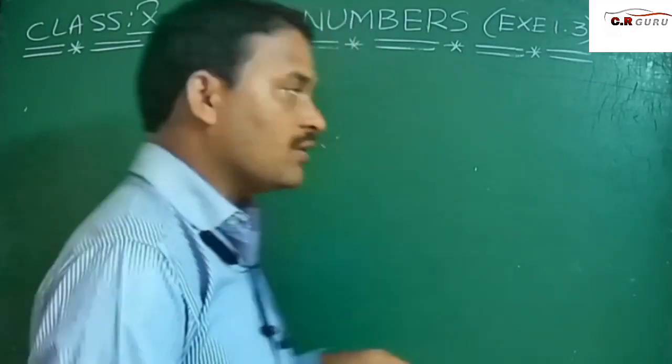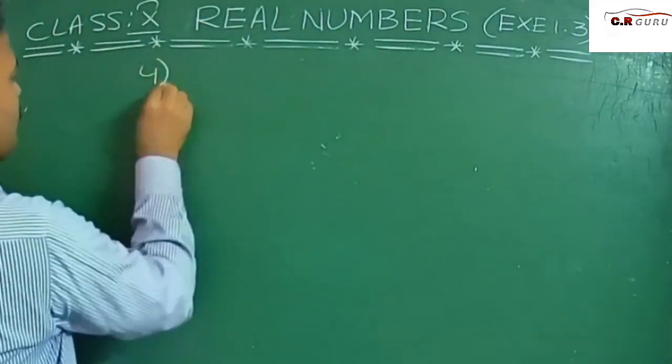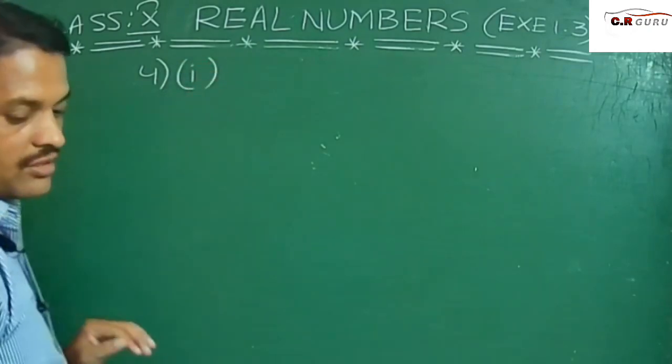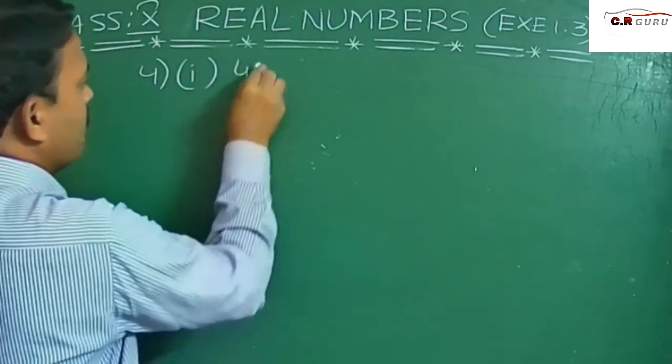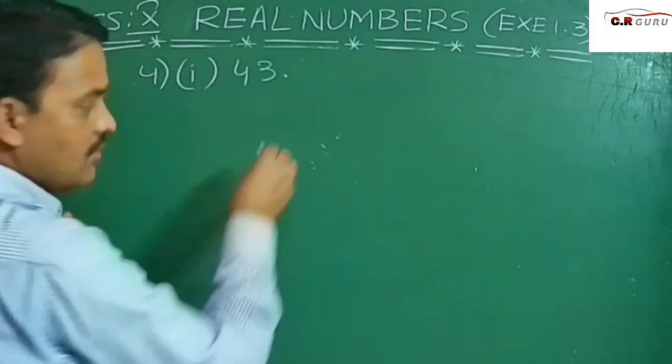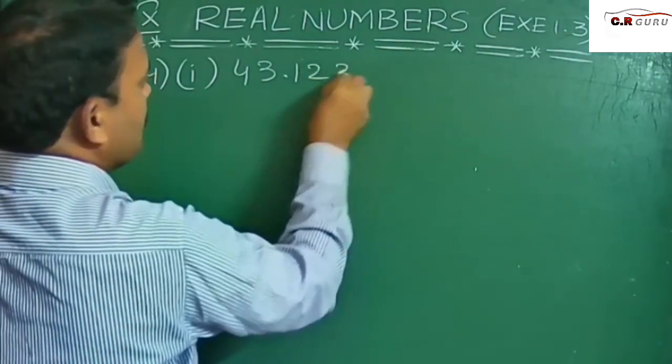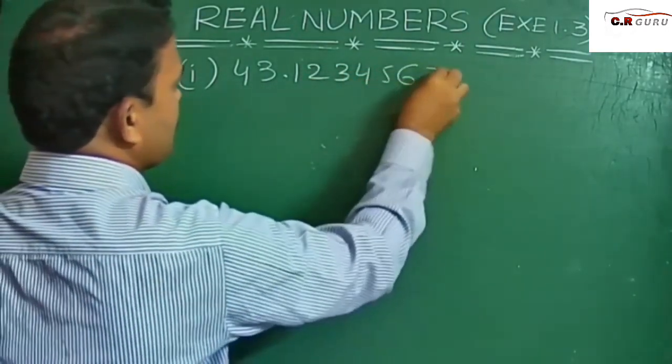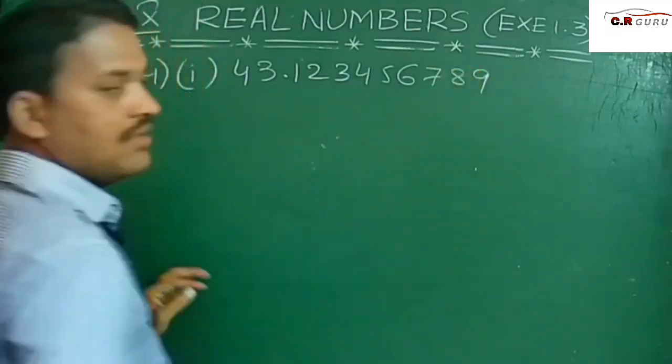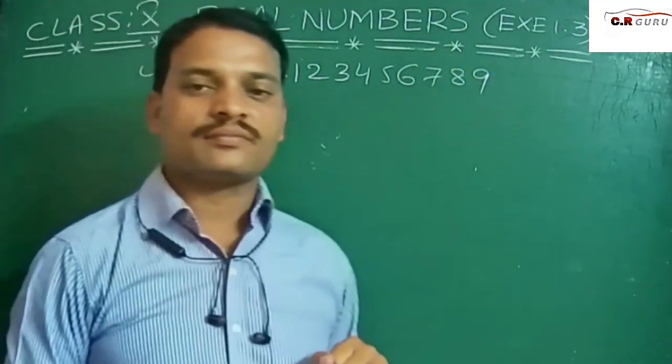Now I am going to explain the fourth Roman first sum, which is 43.123456789.